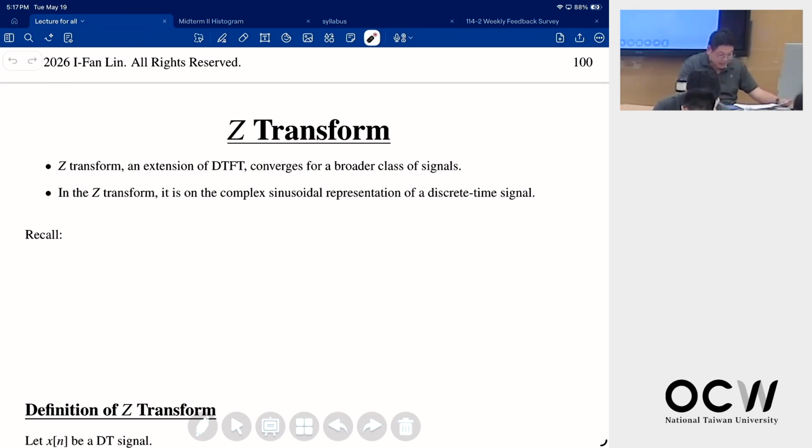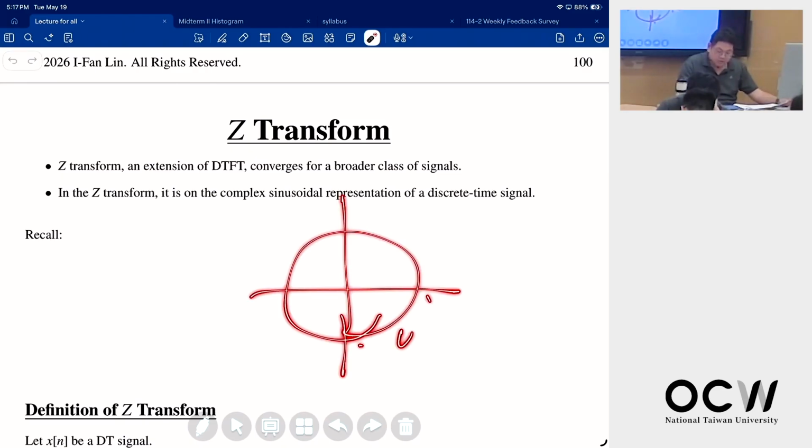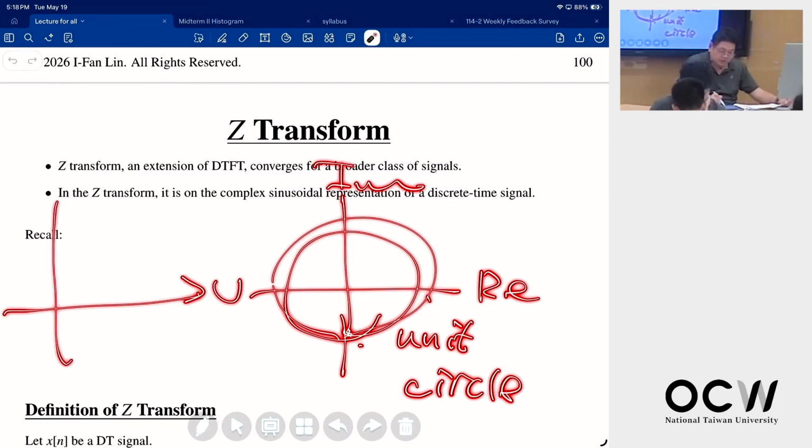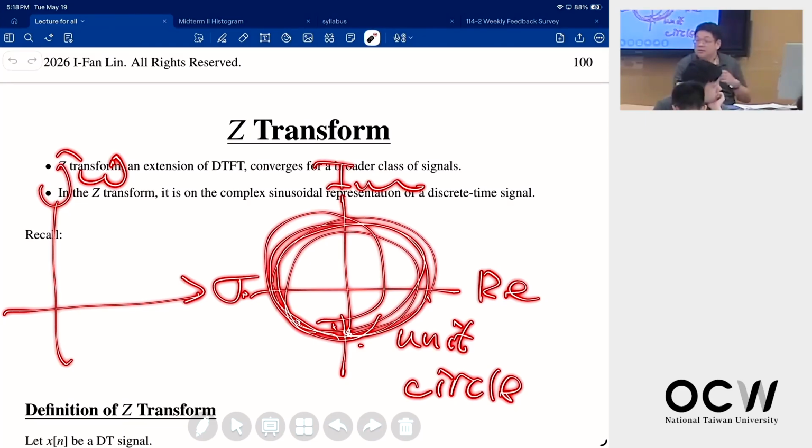We will consider the unit circle. Here is the unit circle. This is the real part and imaginary part. For the Laplace transform, here is the real part, imaginary part. But now we will focus on this unit circle. Okay. We will talk more about this next week. All right, any questions for this?